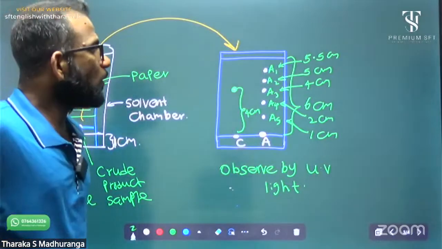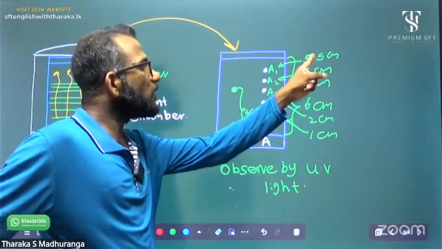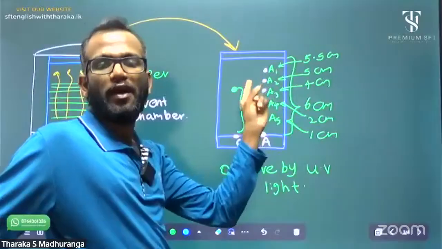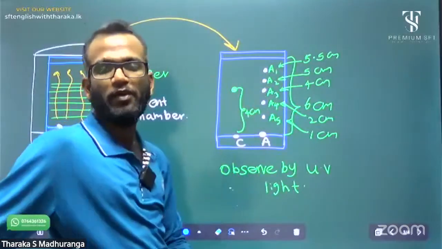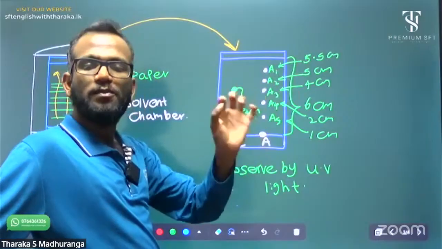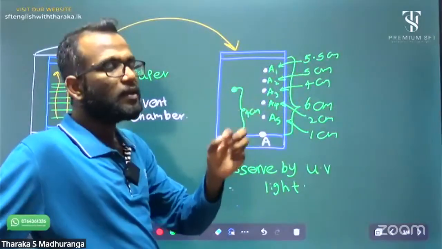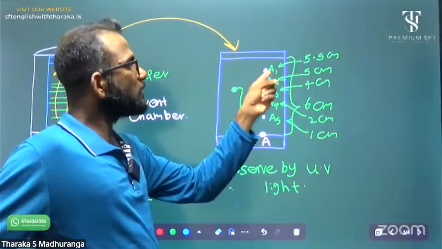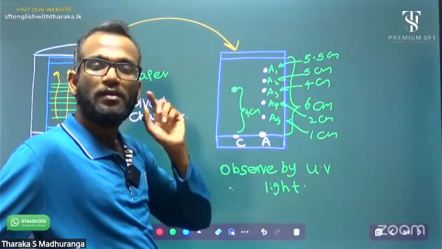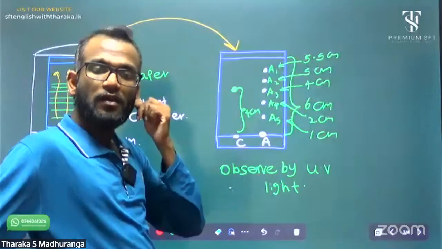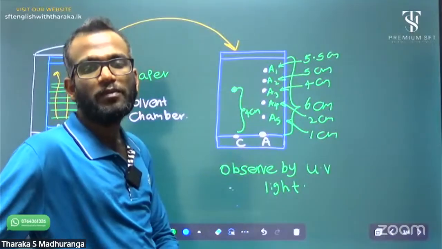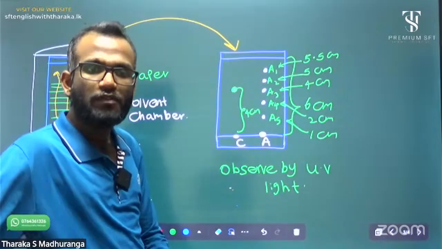Okay, now I can calculate the RF value for all: A1, A2, A3, A4, A5. Now if any RF value is approximately equal, for example A3, travel distance 4, solvent distance 6, so 4 divided by 6, that value is also 2 over 3.